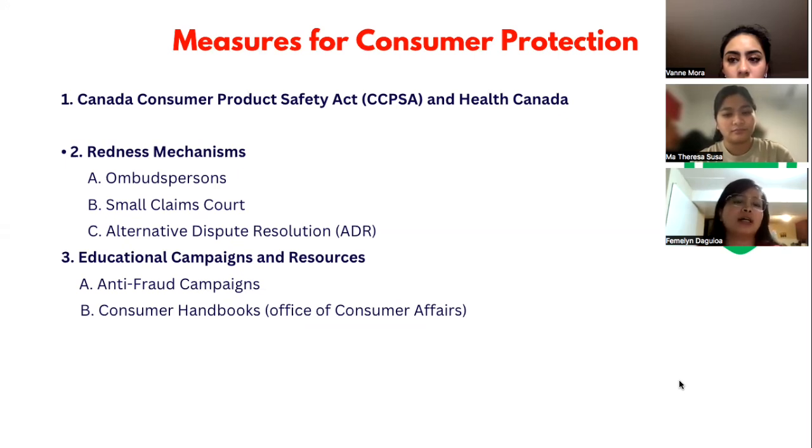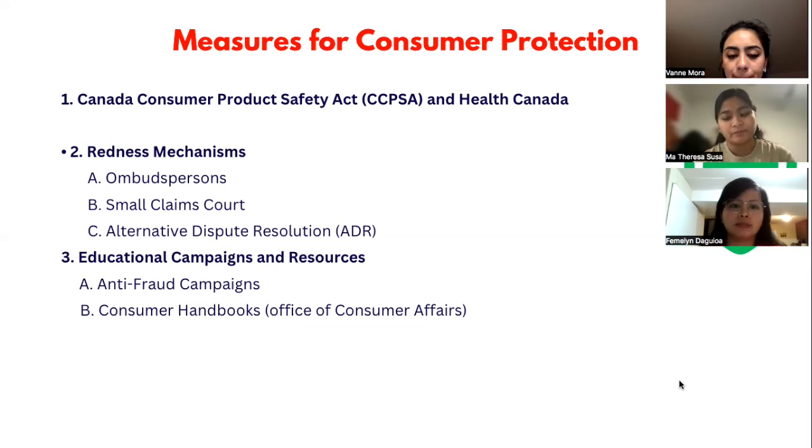rather than a lawsuit. Next, we have the third, educational campaigns and resources. We have the anti-fraud campaigns, which are public awareness efforts to educate consumers about scams and frauds.